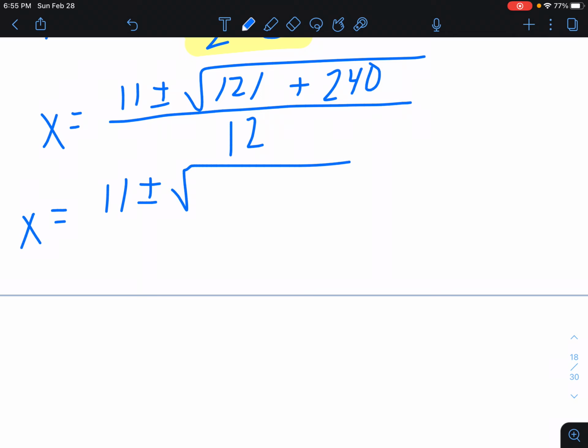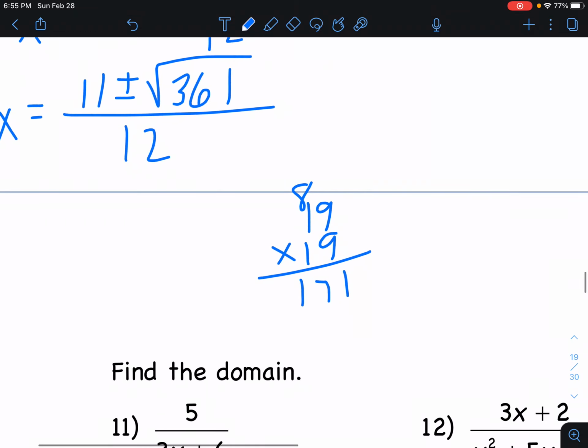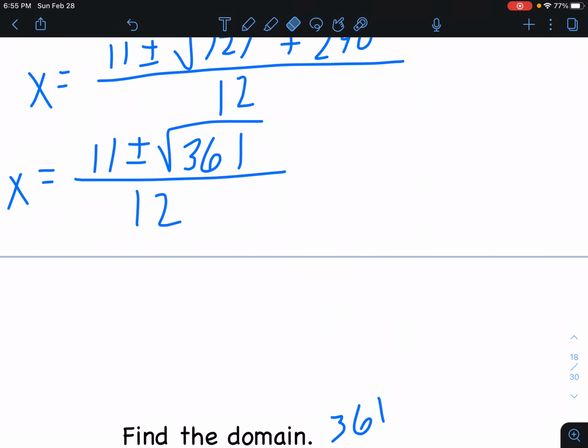Then we're going to add inside the radical to get square root of 361. I believe the square root of 361 is 19. Let me double check that by doing 19 times 19. Yes, it is. So the square root of 361 is 19.